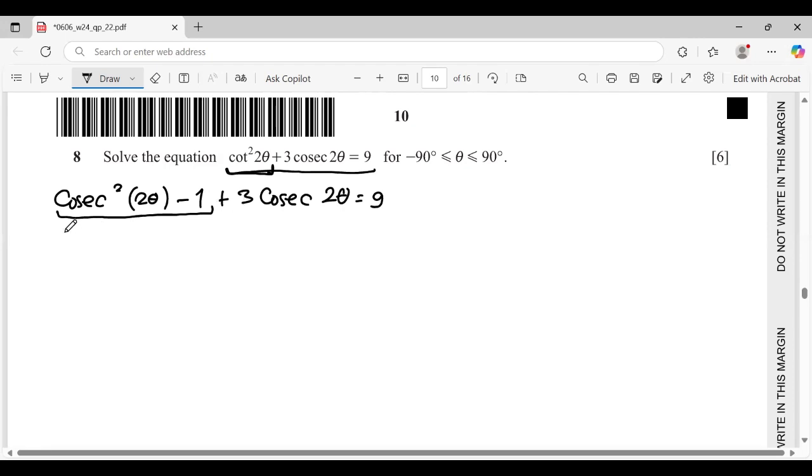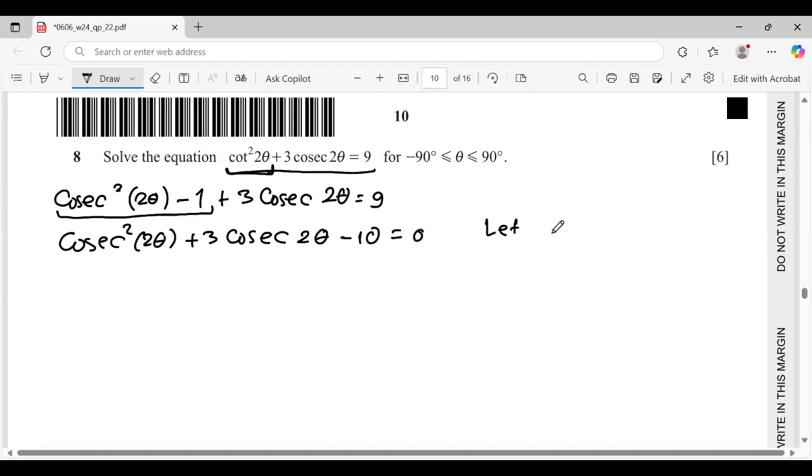And it's going to be cosecant squared 2 theta plus 3 cosecant 2 theta minus 10 equals 0.